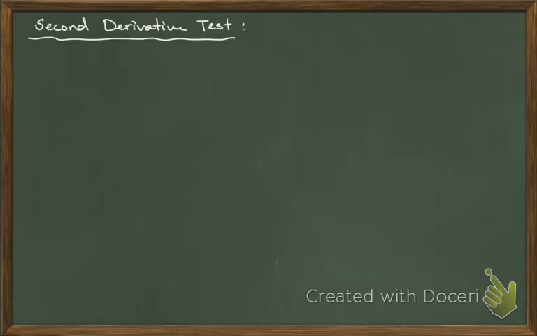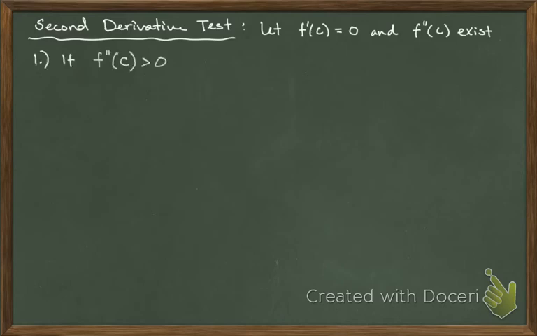Second derivative test tells me that if the derivative is 0, and as long as the second derivative exists, then I've got a couple cases that come up. If the second derivative at C, at the place where that tangent line is horizontal, if the second derivative is positive, my function is concave upward, and I've got a shape that looks kind of like this.